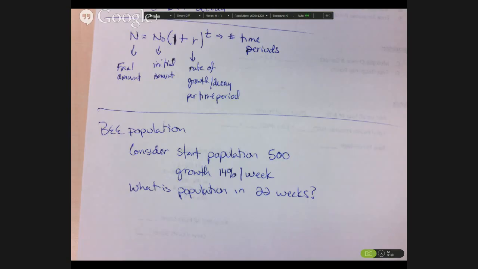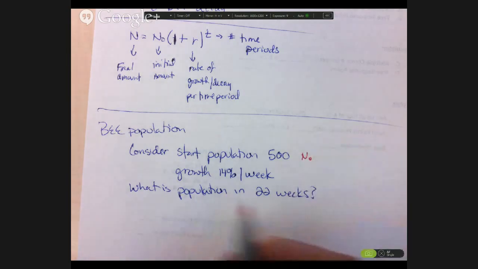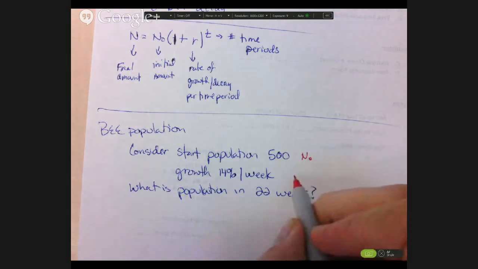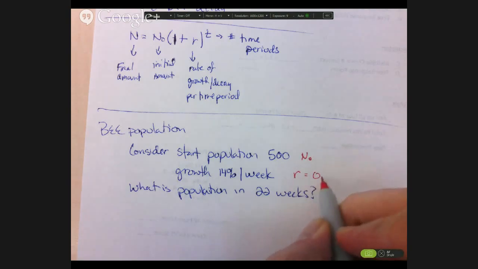So where does the 500 go? Yeah, N0. Where does the 14% go? R, and I have to change it to a decimal.